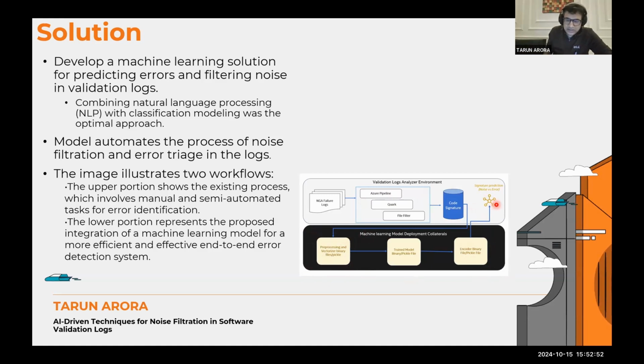So essentially, it's an integration of the regular validation or testing flow, but feeding the logs into the machine learning framework, and that framework essentially uses techniques of NLP, which is natural language processing, and different classification and clustering techniques coming from the ML world, to understand what could be a potential error or noise in these logs, right? So that's how the system works.